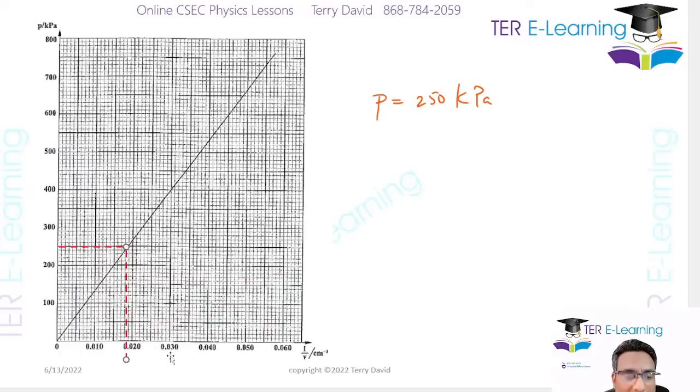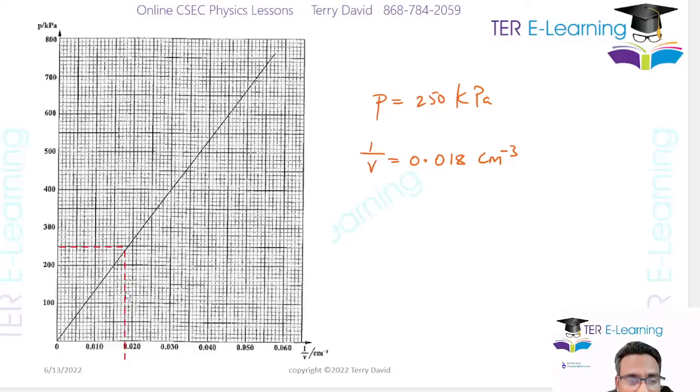All right, I didn't copy this properly here. So let's see. This is 0.015. So that 1 over V reading that I'm getting there is 0.018 cm to the minus 3. That's what I'm getting from this graph.